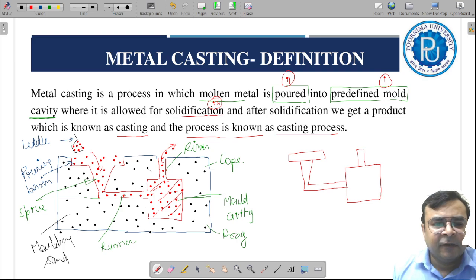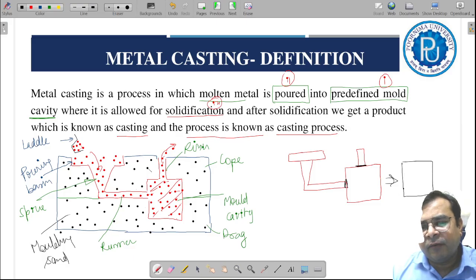By breaking it, this mold cavity or entire system is not reusable. Is it right? It is only used for making one component. After solidification you break this, and after breaking, obviously we get this product. Then by the metal cutting process you remove this extra metal, and you will get a final product like this.